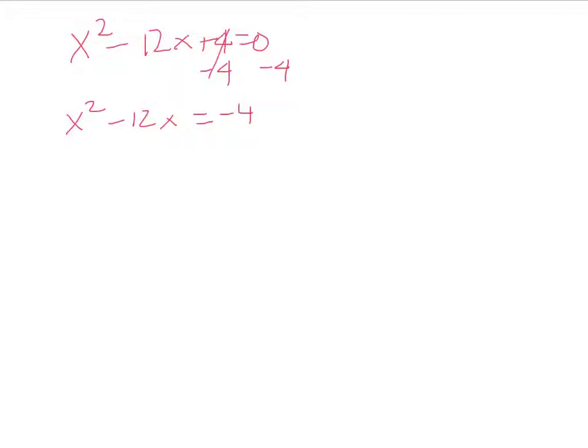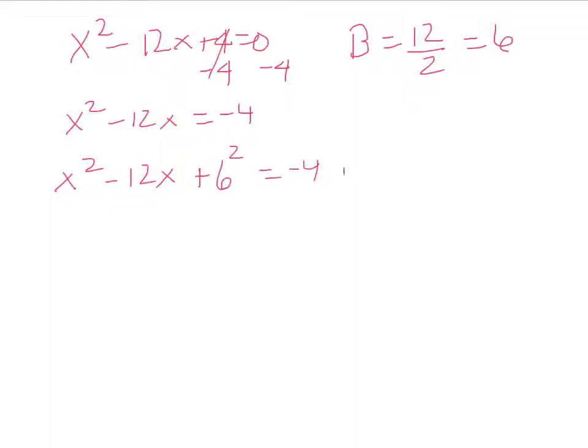Now I need to complete the square on the left-hand side. So to find out what I'm going to square, I identify that b is indeed 12. So I want to divide 12 by 2, which gives me 6. So I get x squared minus 12x plus 6 squared equals negative 4 plus 6 squared.